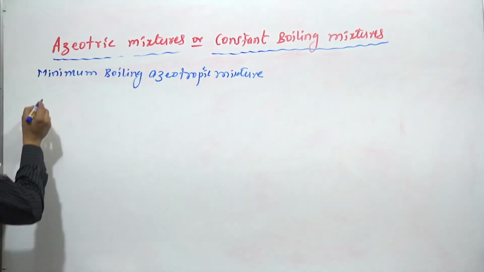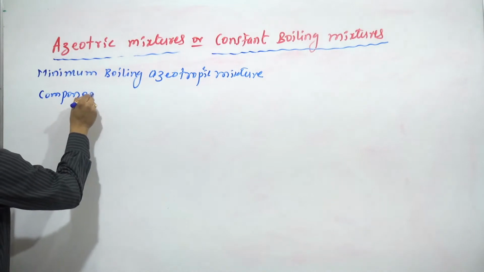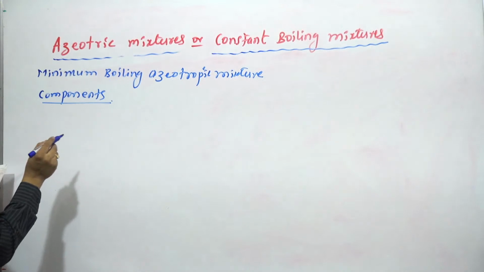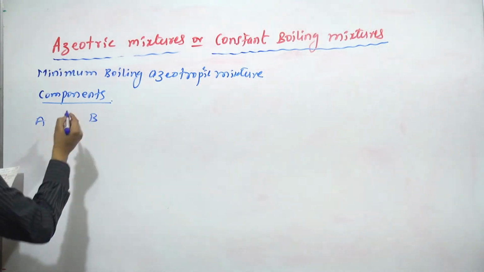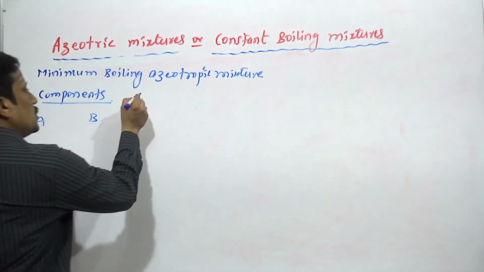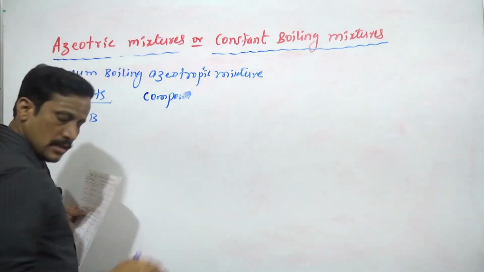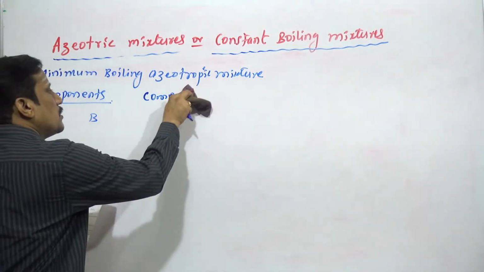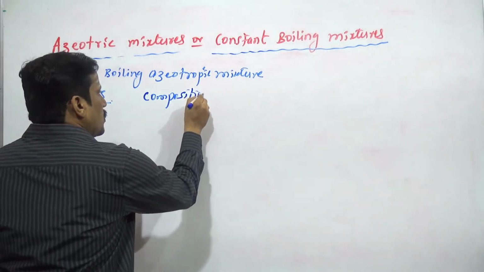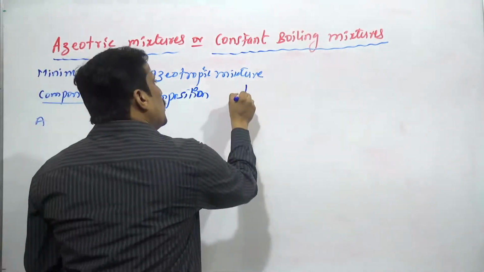The table is like this. Components: that is A and B components. Next one is composition. Next, boiling points.